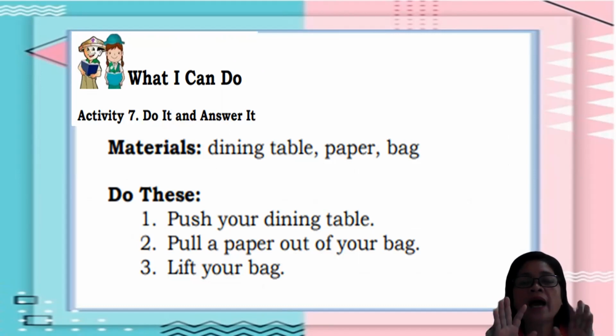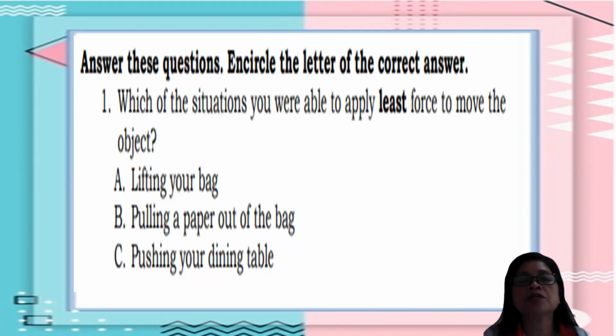Itulak mo yung dining table niyo. Push. Okay. Number 2, pull a paper out of your bag. Kuha ka ng papel sa loob ng bag. Number 3, lift your bag. All right. Let's answer the questions.